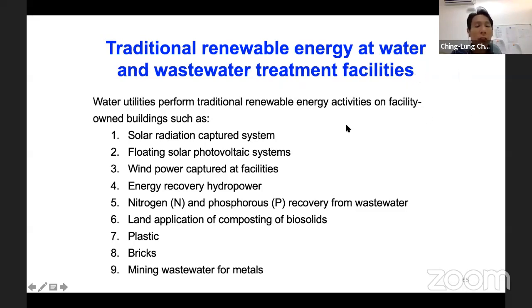The utility performs traditional renewable energy activity on facility-owned buildings, such as solar photovoltaic systems, or wind power, or energy recovered by hydropower, or nitrogen and phosphate recovered from wastewater, or land application, or plastic, or brick, or mining wastewater for metal.